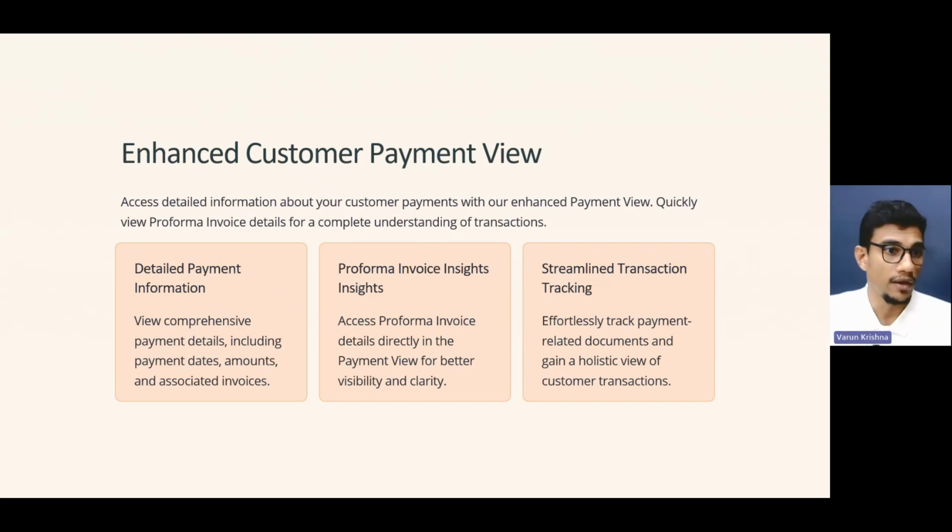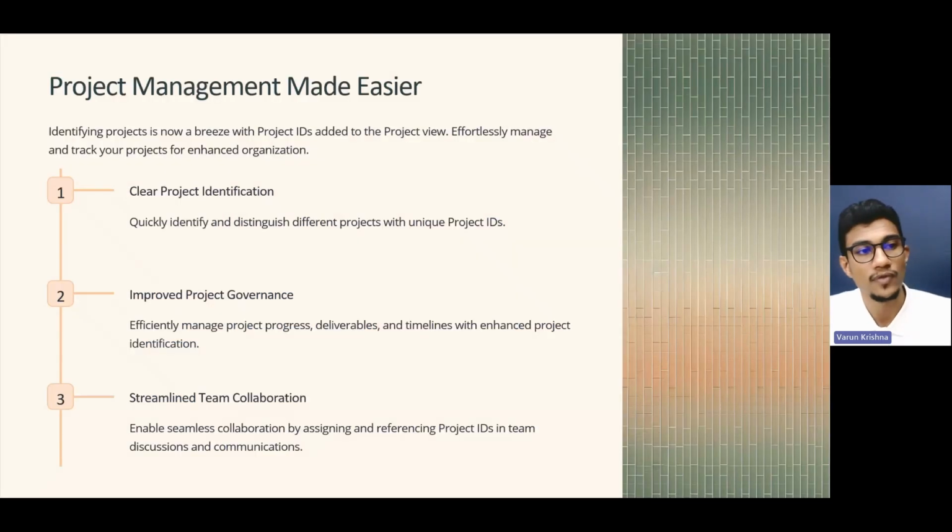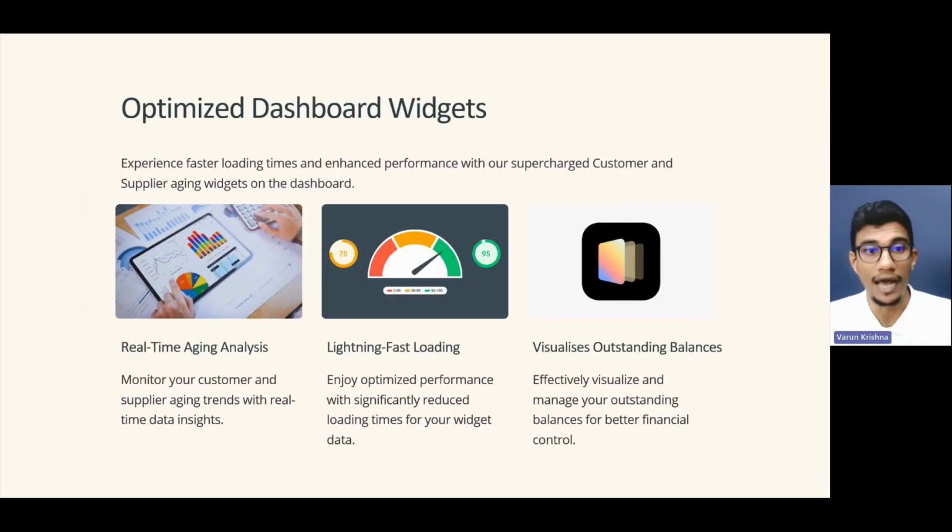Then enhanced customer payment view with regards to the pro forma invoice details. A reference will be available there. Then the name and the project ID is being fixed together right now in the project view page. And then the dashboard has been optimized into a greater speed.